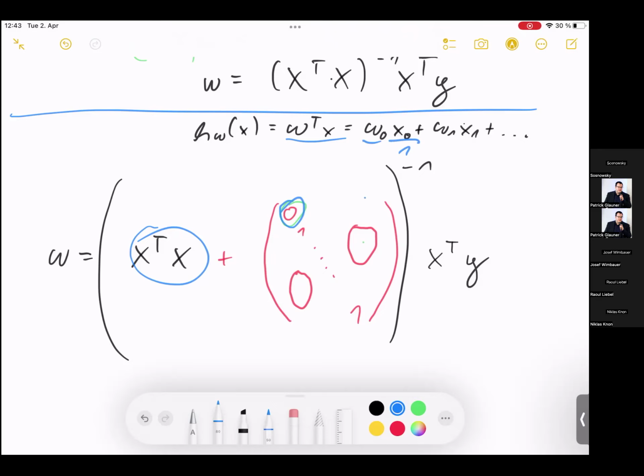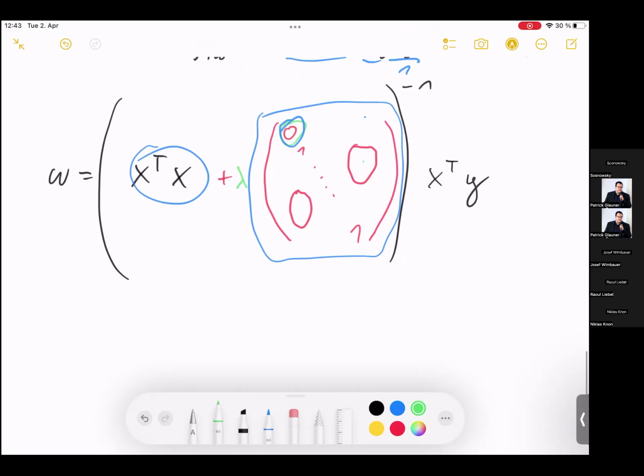But now the question is, how big are the values in x? And can I just add such a huge matrix on top? What I can do is I can multiply this matrix with a regularization constant lambda. So it's a regularization constant.